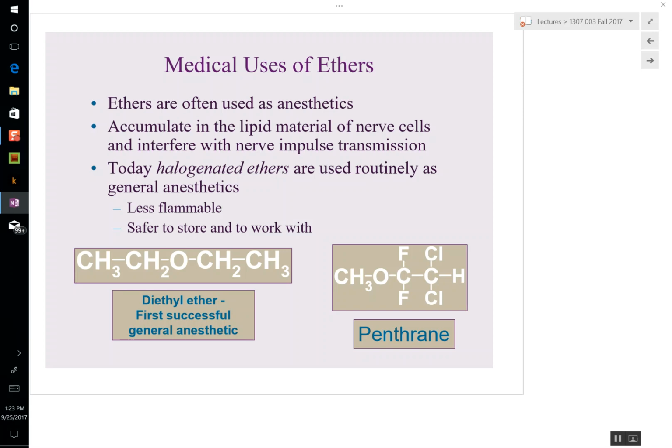So here's penthrane. So we got a methyl and an ethyl, but this ethyl has 4 halogens on it. Penthrane. I talked with a master's level nurse anesthetist, in the military, I think it was the Army.